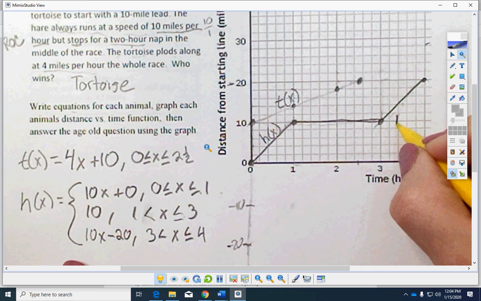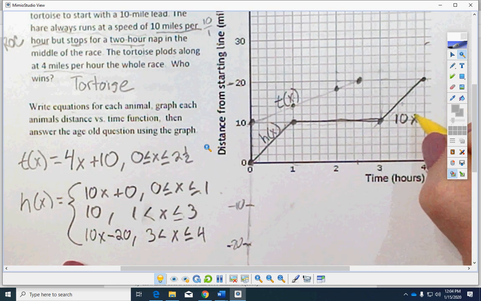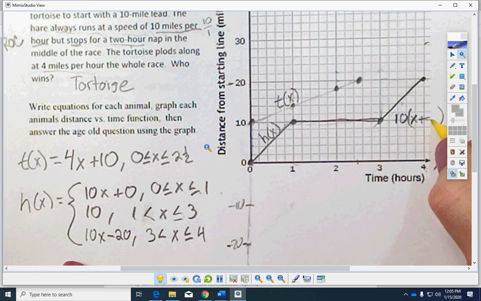we know that he's going 10 miles per hour, so we feel like writing 10x. But remember with our shifts that there's something inside the parentheses with the x, and then there's something outside. This inside is a shift right or left, and this outside is a shift up or down.